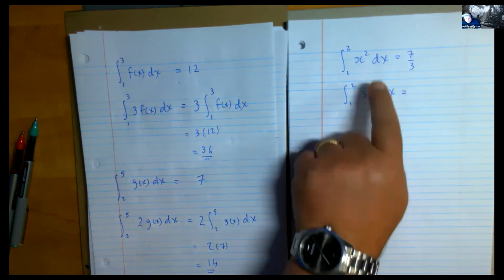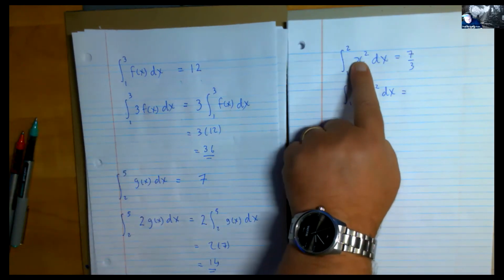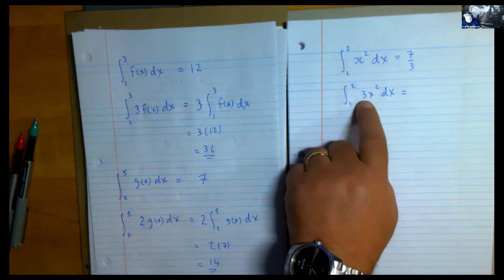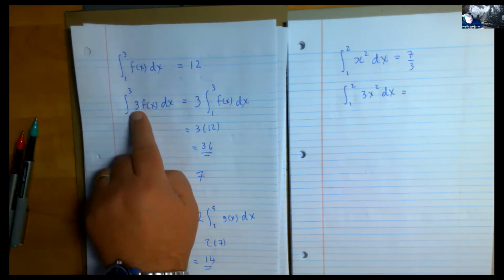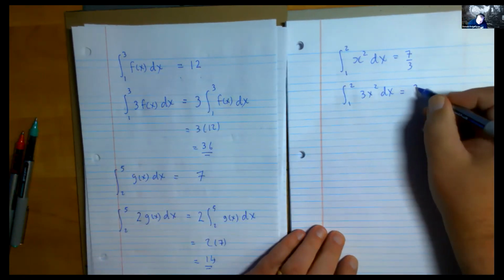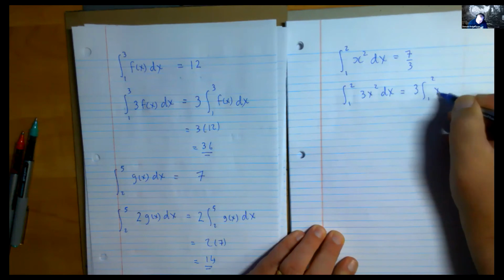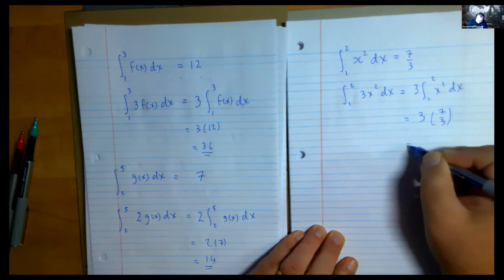What would be the integral of that if you knew that? Can you see that all I've done here is multiply this thing by 3, right? And according to what I've done in these examples, if you multiply, don't you just pull it out? And 3 times 7/3 is 7.